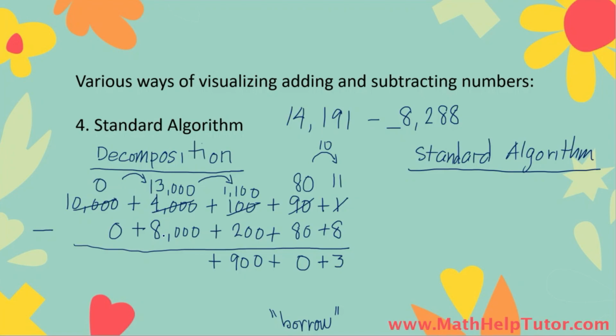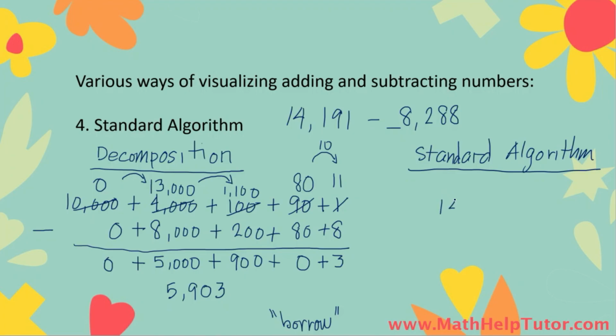Now we can perform the subtraction in the thousands place. 13,000 minus 8,000 becomes 5,000. Then let's put a plus sign here and move on to the 10,000s place. What's left is 0 minus 0, which is 0. So adding all these numbers up, we get our answer, which is 5,903.